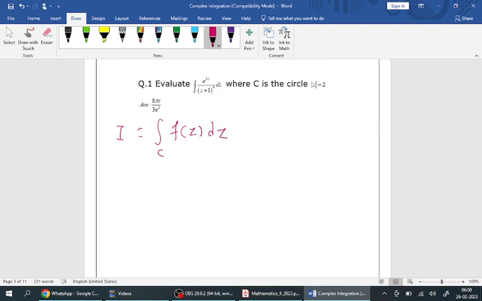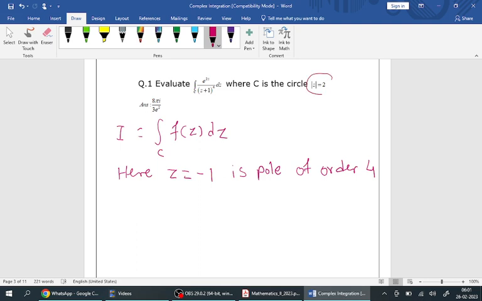Our aim is to get first of all the poles. We equate the denominator to 0, because (z plus 1) raised to 4, so z equal to minus 1. z equal to minus 1 is a pole of order 4.